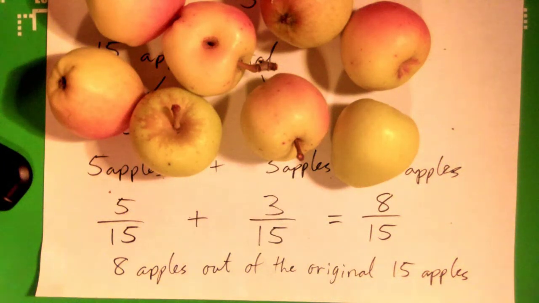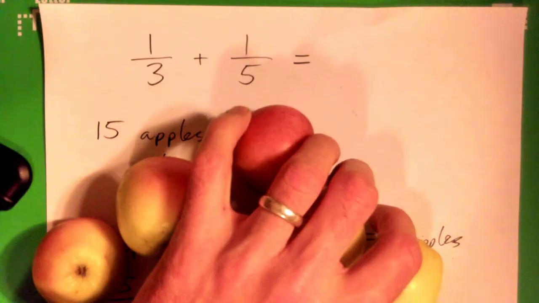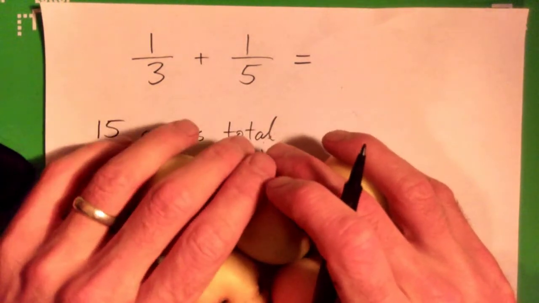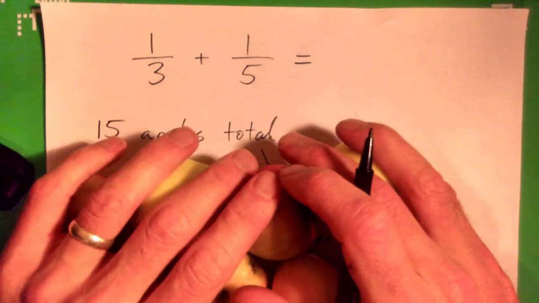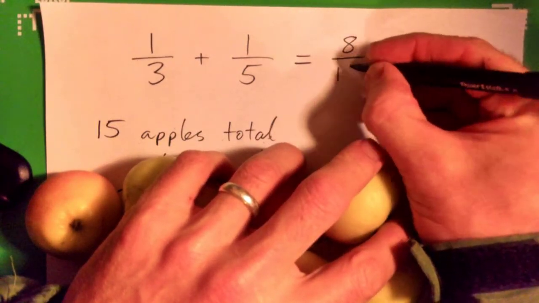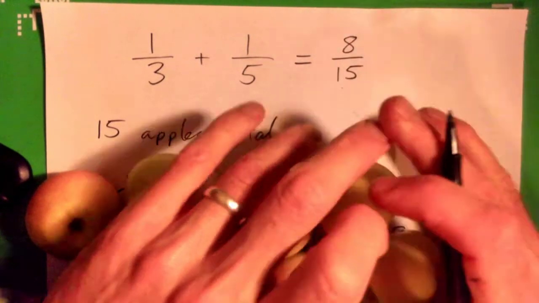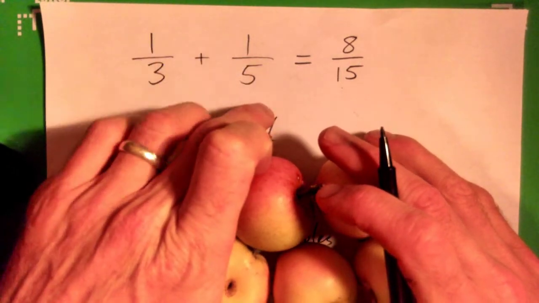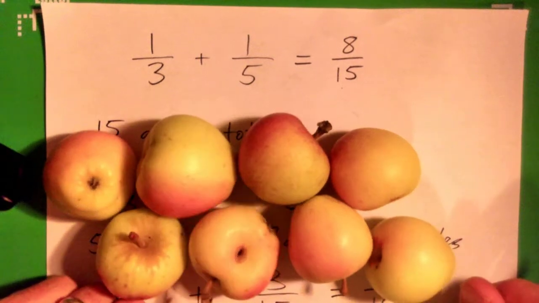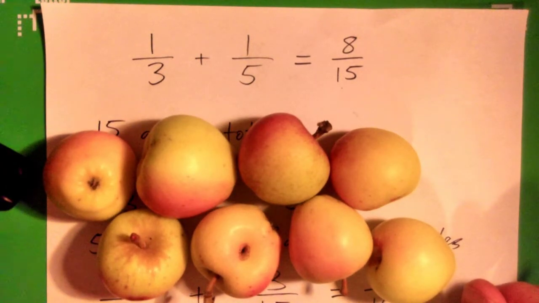Is that okay? So we can say that 1/3 plus 1/5 gives what? Yep. 8 out of 15. Getting 1/3 of something plus 1/5 of something is like getting 8/15ths of that something. Okay? 8/15ths.